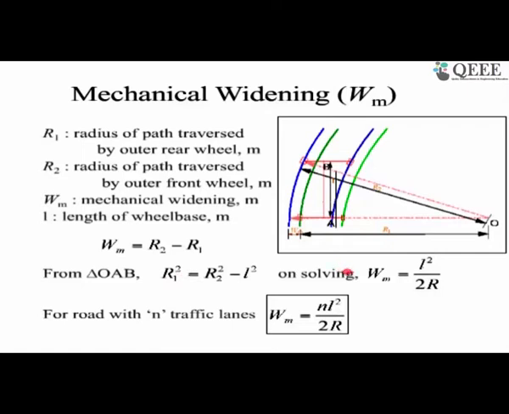If you replace that value, then you are going to get Wm, the widening, is equal to L square by 2R. This is the extra widening you need to provide for one lane, and for n number of lanes you are going to provide n times this mechanical widening. So the mechanical widening is Wm equal to n times L square by 2R.